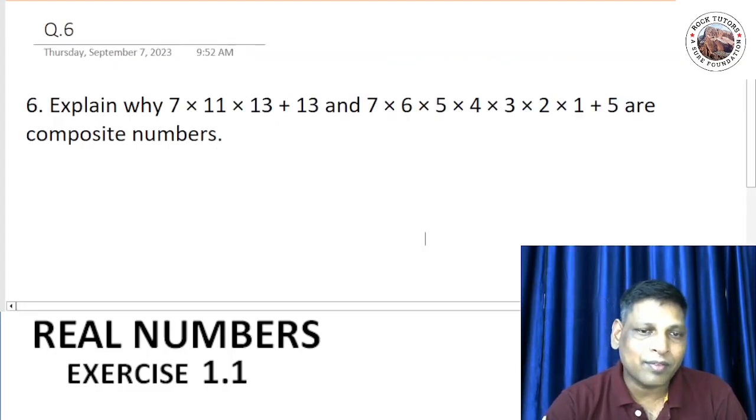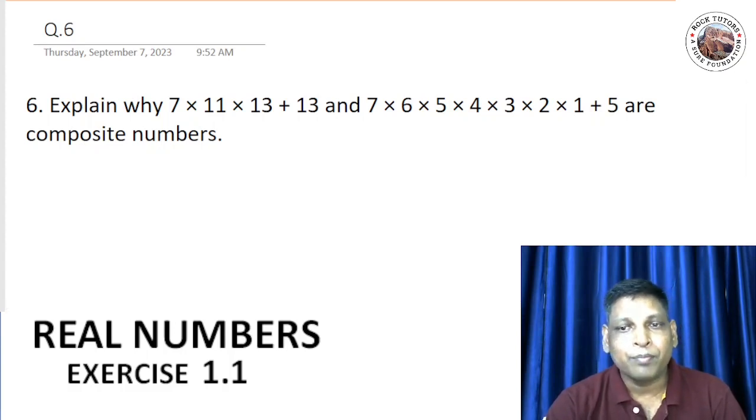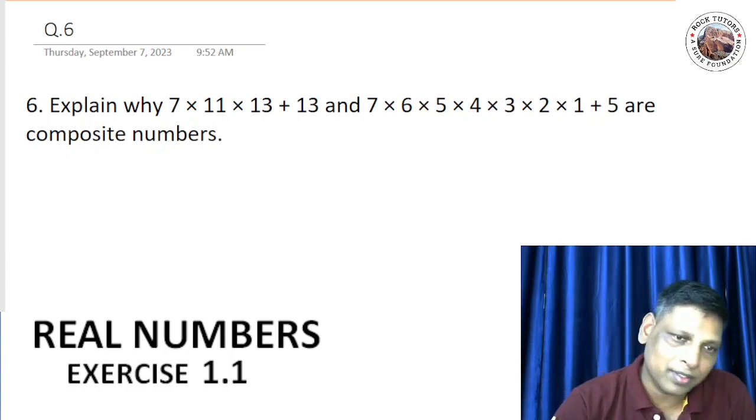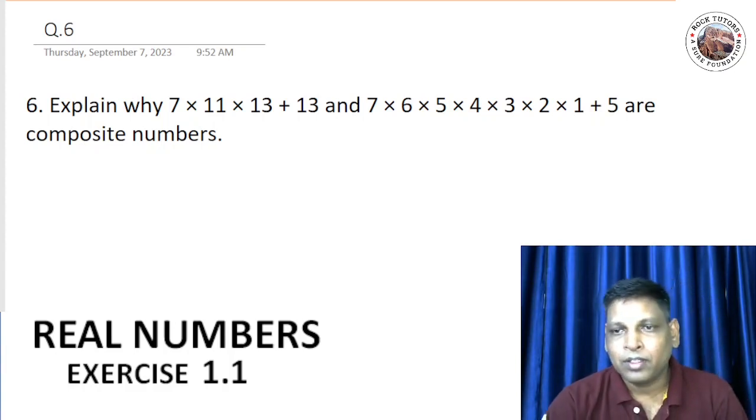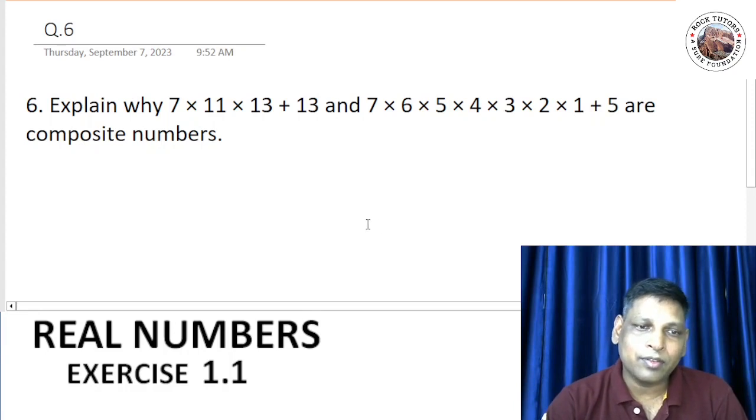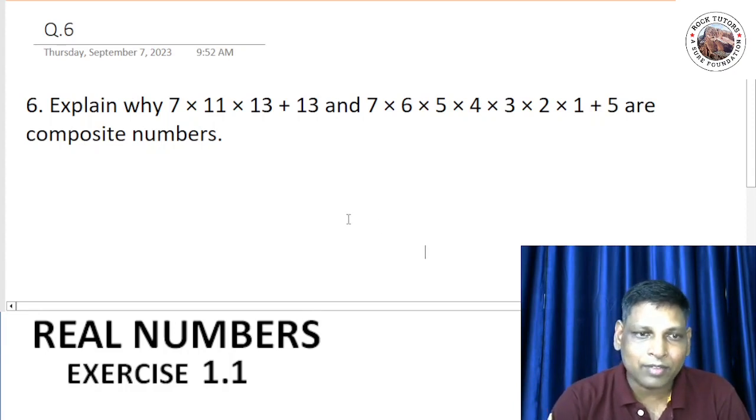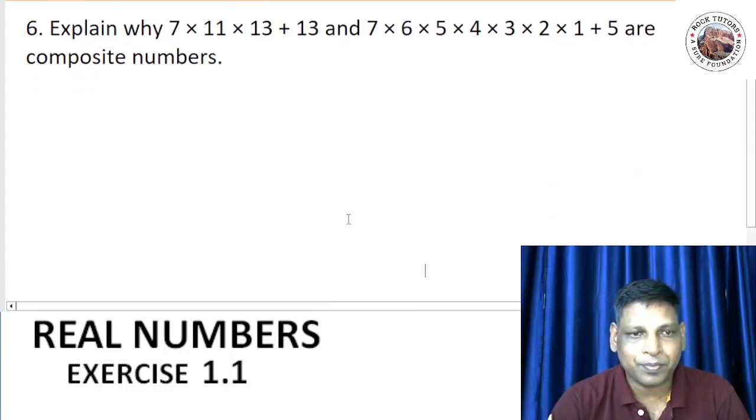Explain why 7 into 11 into 13 plus 13 and 7 into 6 into 5 into 4 into 3 into 2 into 1 plus 5 are composite numbers. First, we need to understand what is meant by composite numbers.